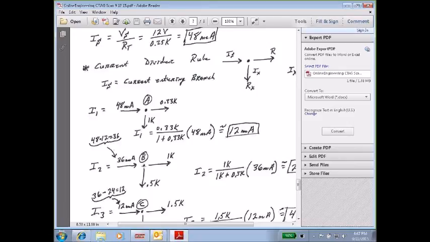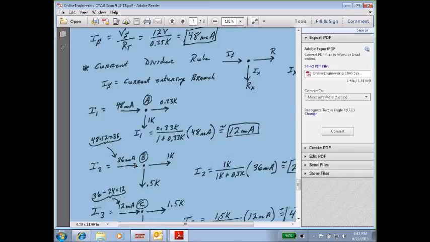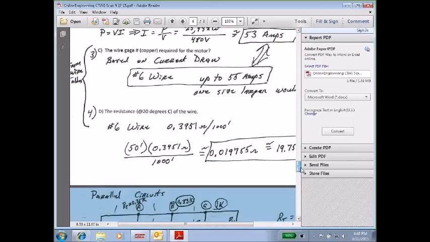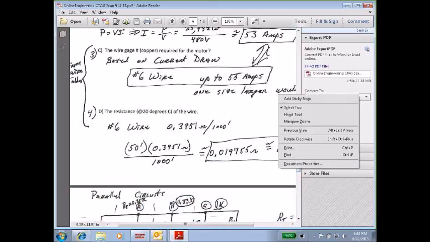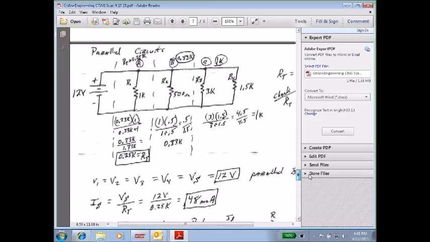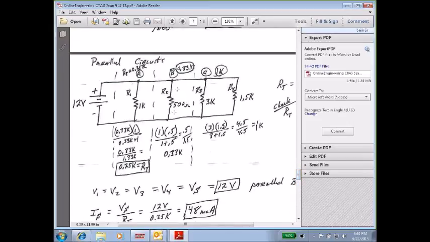At junction B, I've got 0.5K resistance in that direction, and right here, I've got 1K. Okay, here's the 0.5K. And back here, remember these two together, there's a 1K.